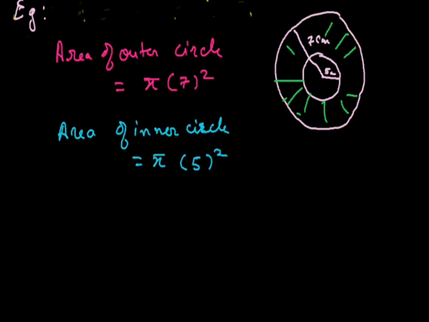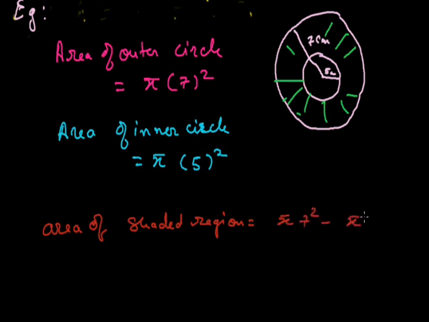Now the area of the shaded region will be equal to the area of the outer circle minus the area of the inner circle, that is pi 7 square minus pi 5 square. So we can take pi as common.